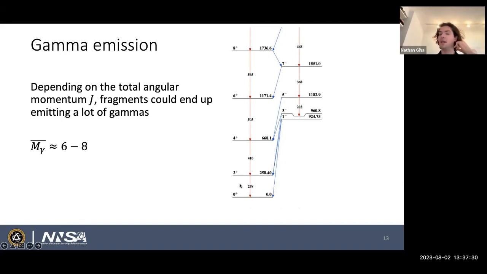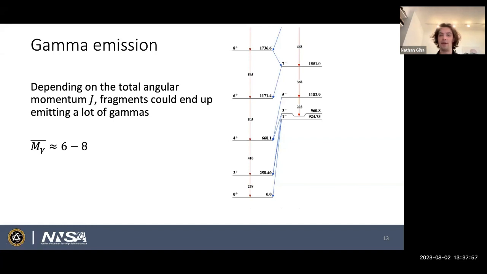So if we see a 258, maybe we think, oh, is that cerium-146? Then if we also see a 410, we're like, this really might be cerium-146. We see a 503 as well, all in that same event. We're probably thinking this is cerium-146. So that's how you can identify a nucleus based on the energy of the gammas.